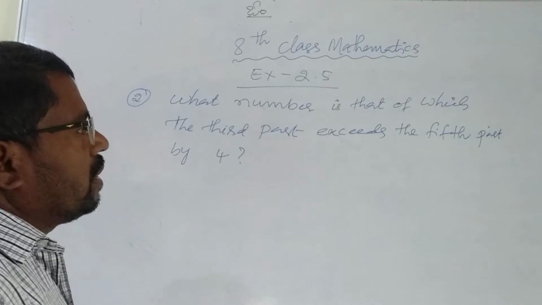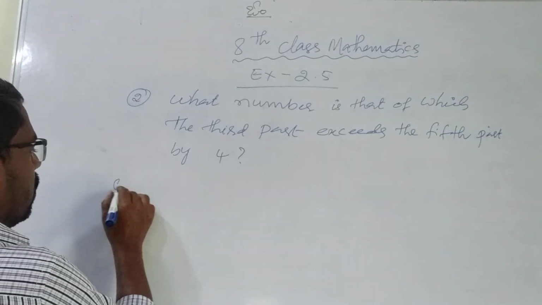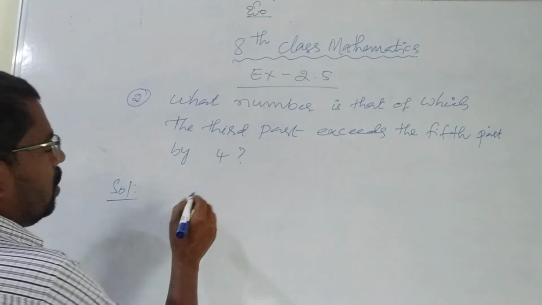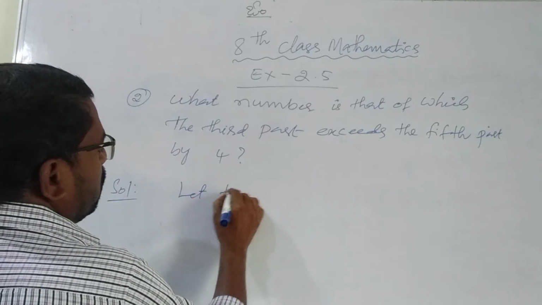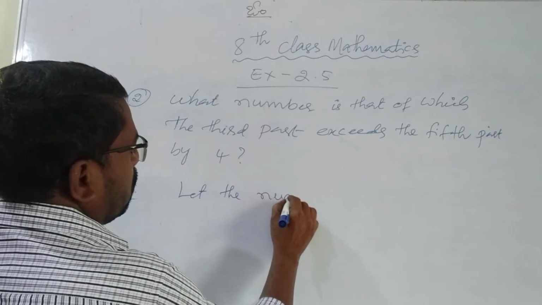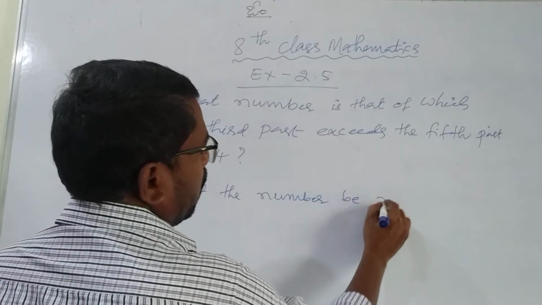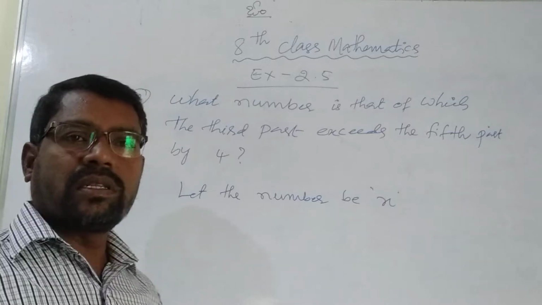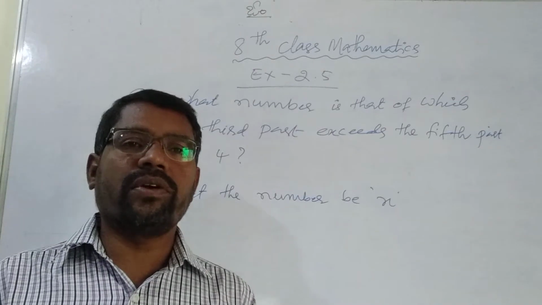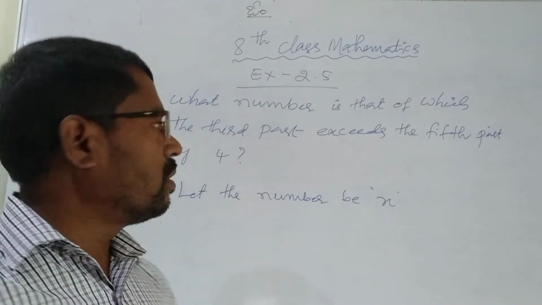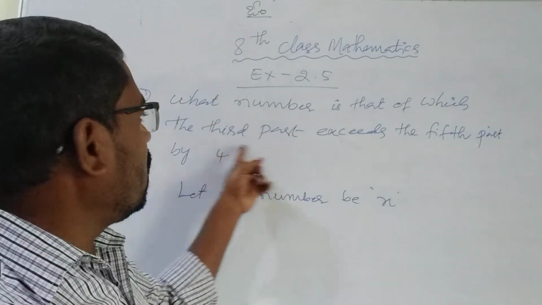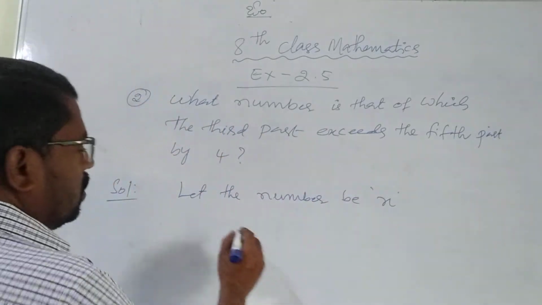Now what number is that? Solution. Let the number be x. By assuming that number, which we don't know, we should take it as x. What is the third part of that number?